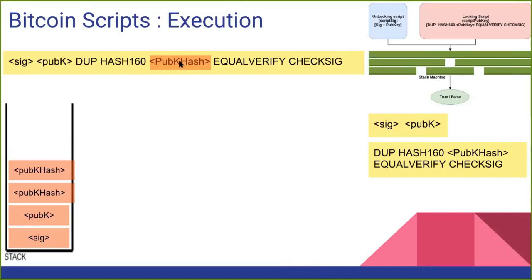Yes. So basically, when Vijay was trying to spend this money, he has to give the unlocking and locking script. The unlocking script he has given by giving the signature and public key, and for the locking script he has given the transaction ID and output index.